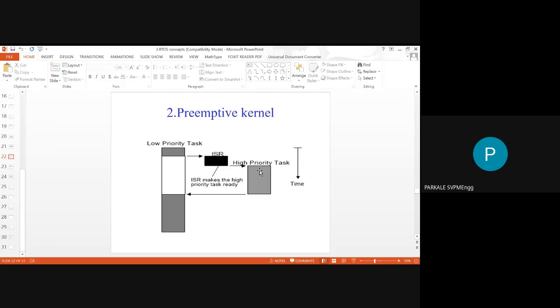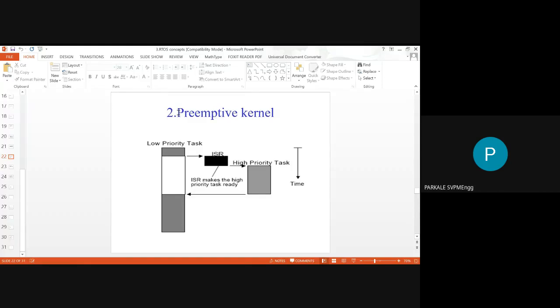It will first complete the high priority task, and only then shift control back to the low priority task. This is the advantage of using preemptive scheduling. Here the high priority task is always given importance over all other low priority tasks.